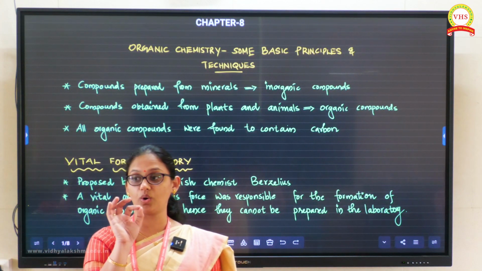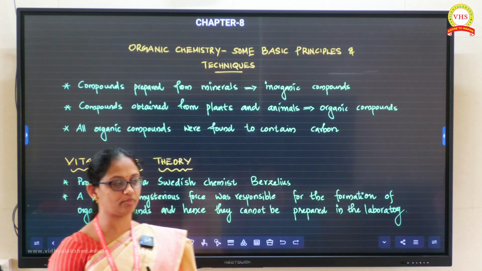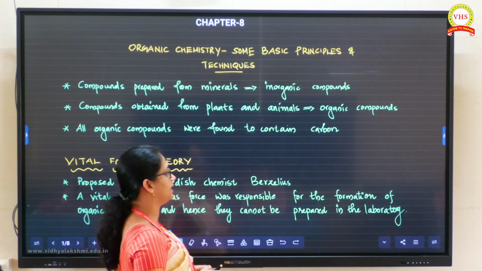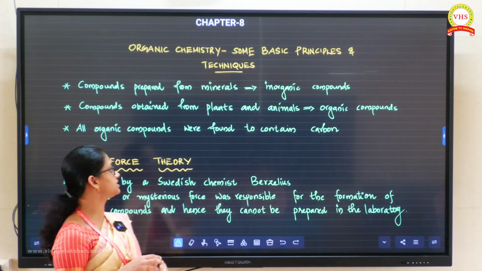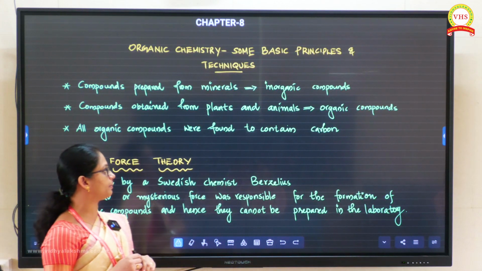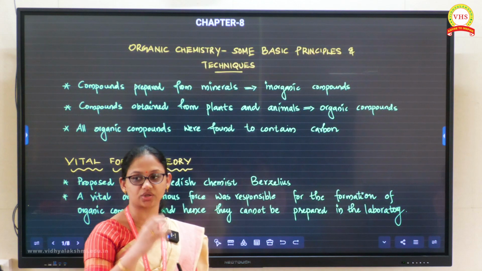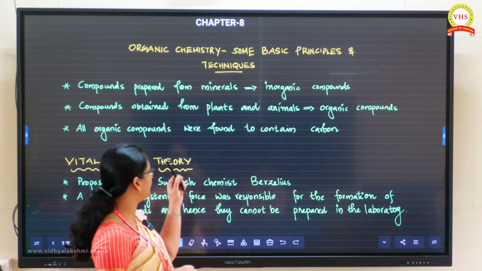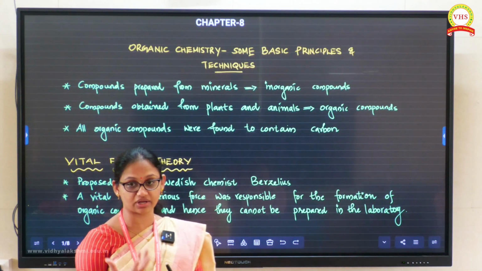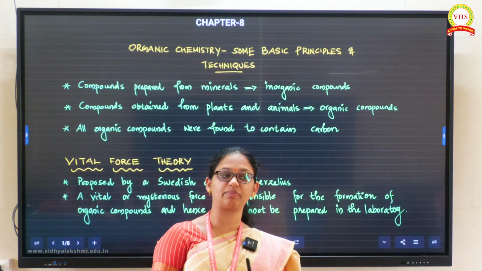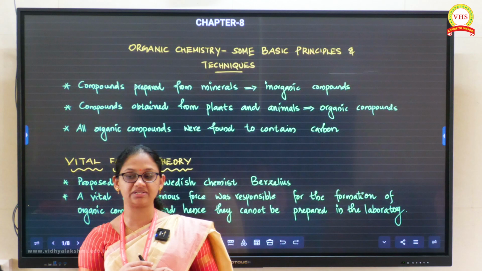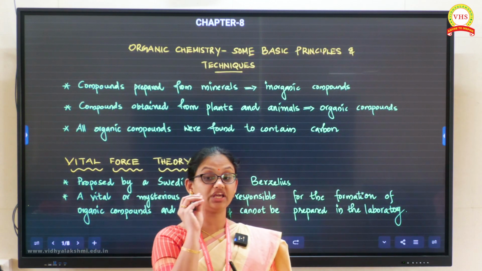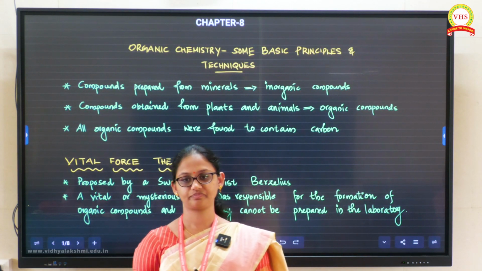The compounds obtained from plants and animals are called organic compounds, and the compounds prepared from minerals are called inorganic compounds.